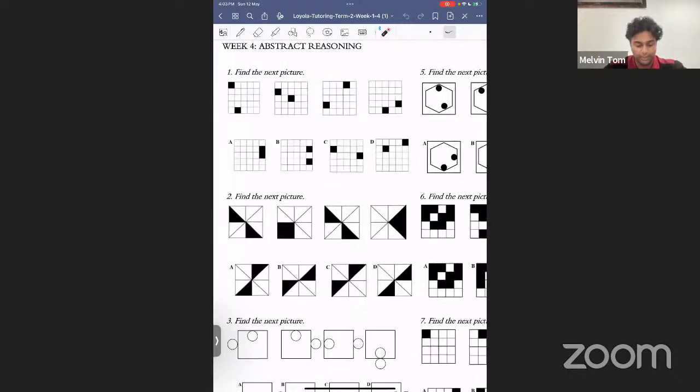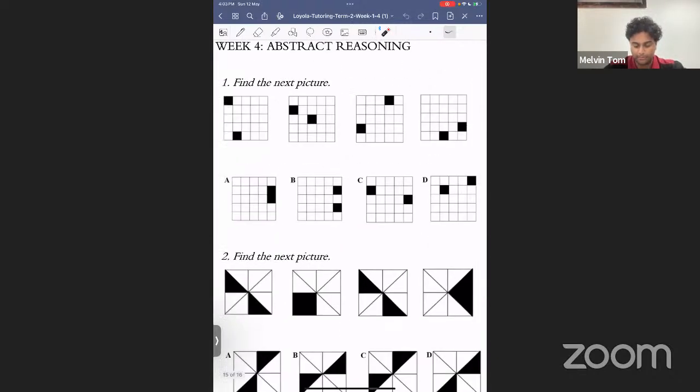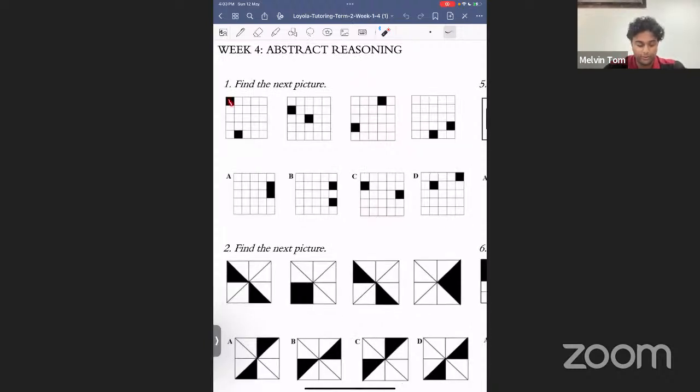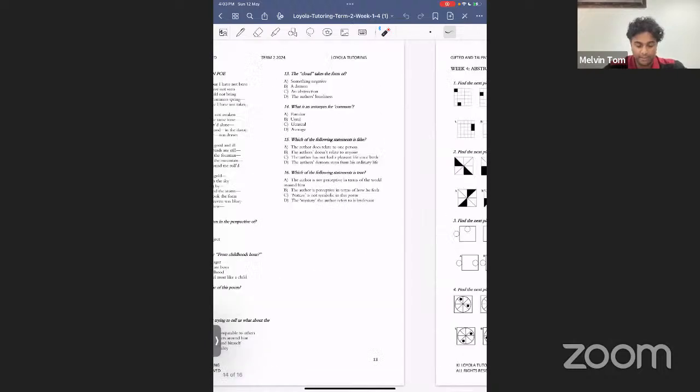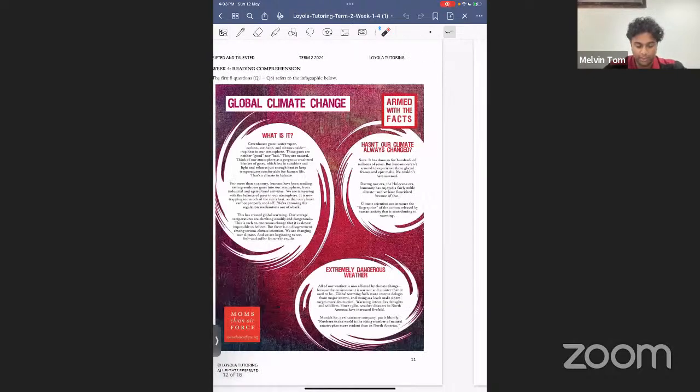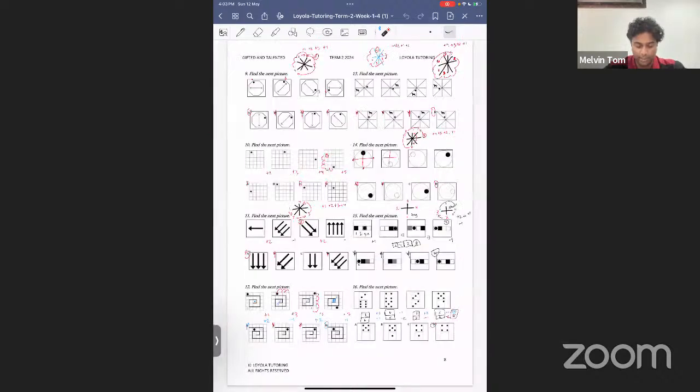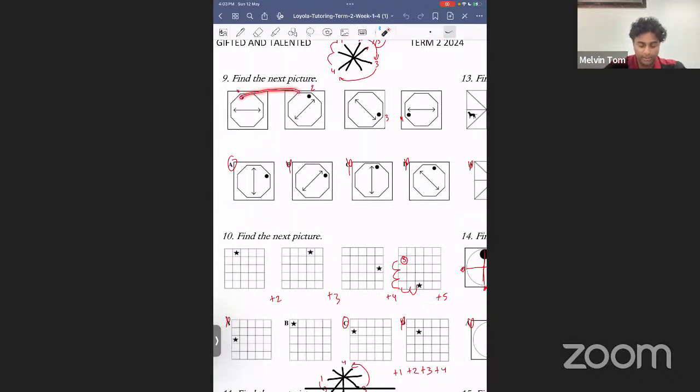So let's get started with question number 1 here. Now, the reason these questions are very difficult is because on this page, we have so many questions where you have two identical features, meaning that you have two things that are exactly the same. And the problem with that is, unlike previous abstract reasoning questions, so for example, if you take a look at questions like this, question number 9, each image, it's very clear on how the object moves and where it moves, right?